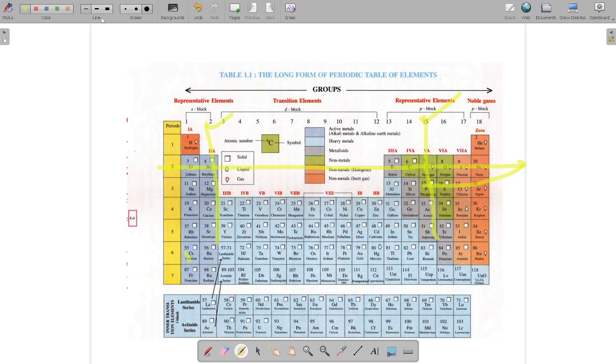And across the period, the nuclear charge is increasing and the atomic size is decreasing, so the electron affinity will increase across the period.